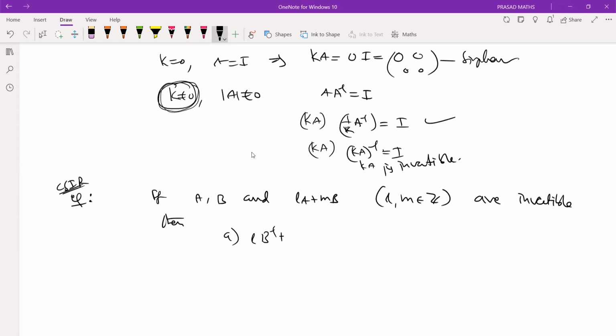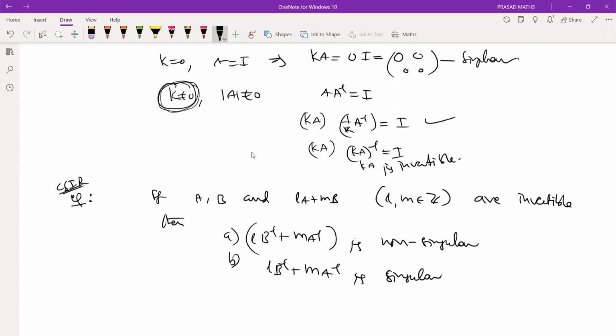Option A: L into B inverse plus M into A inverse is invertible, is non-singular. Option B: L into B inverse plus M into A inverse is singular. Option C: L into B inverse plus M into A inverse is invertible. Option D: None of the four.